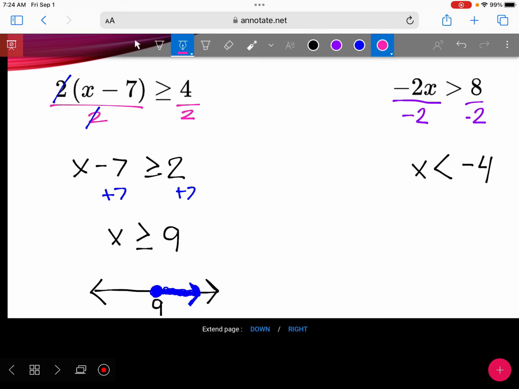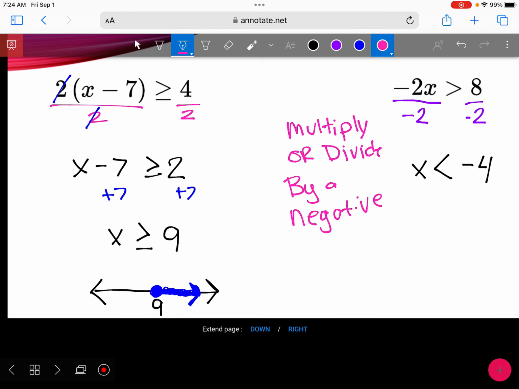Whenever you multiply or divide by a negative, the sign changes directions.